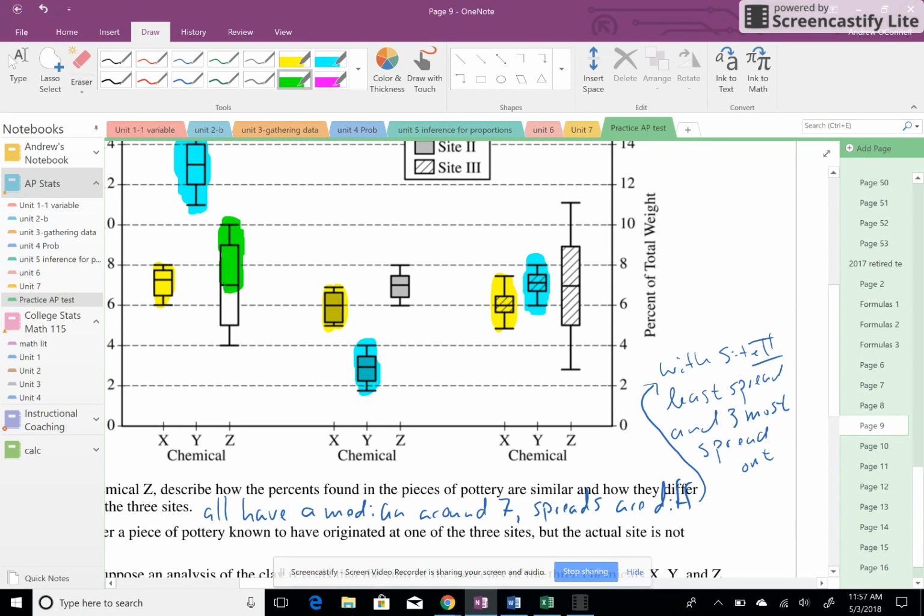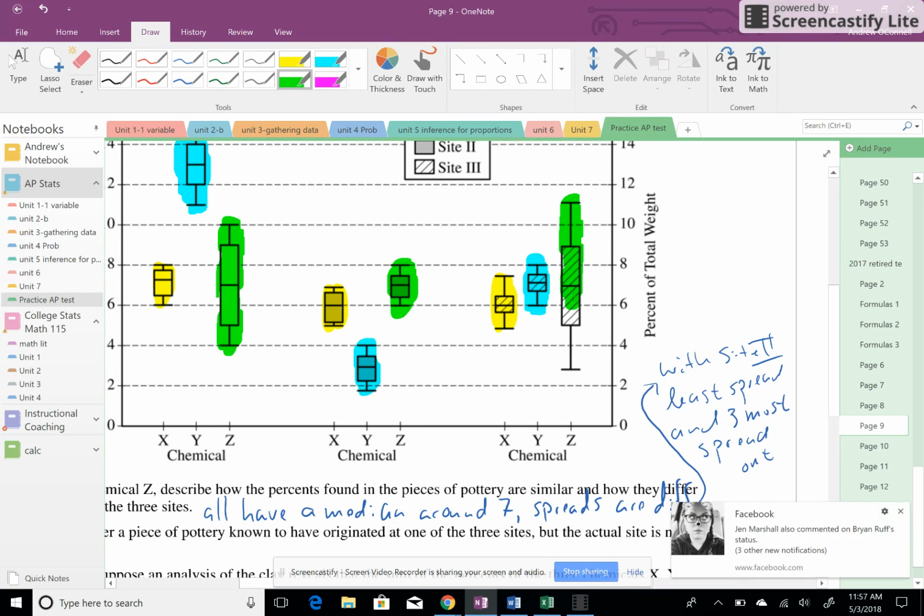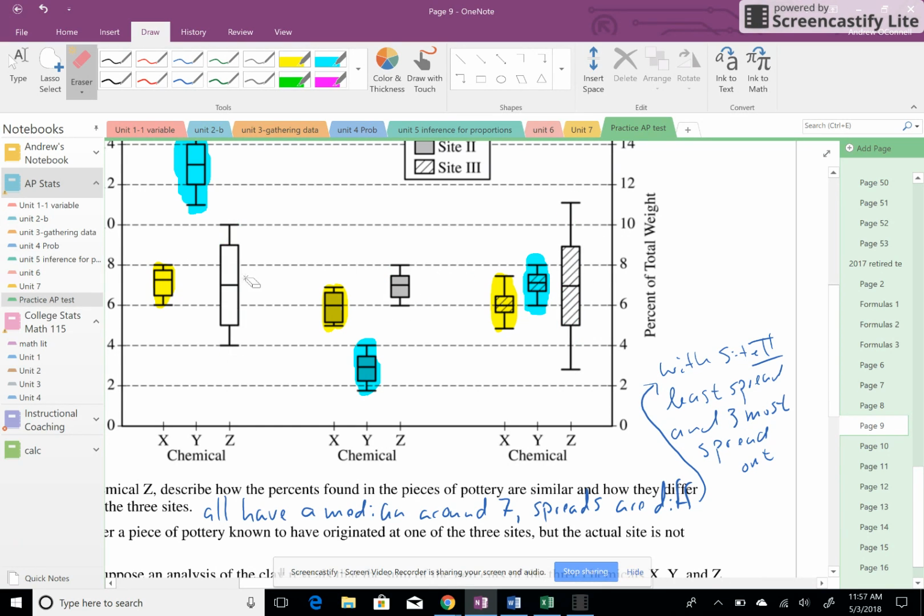Contrary, that last one, chemical Z, on site 1 maybe has a typical value around 7, and site 2 around 7, and on site 3 also around 7. So these are definitely a little bit spread out, but most of the data is still really close together. The one that's drastically different would be chemical Y.